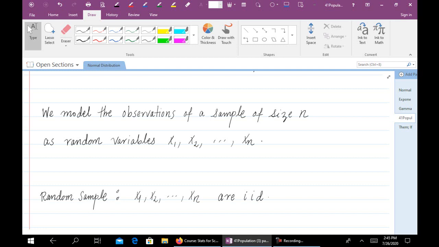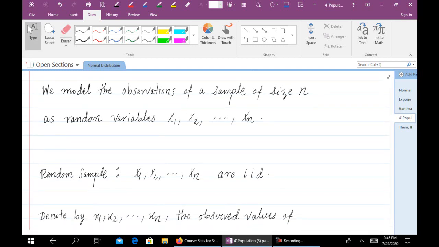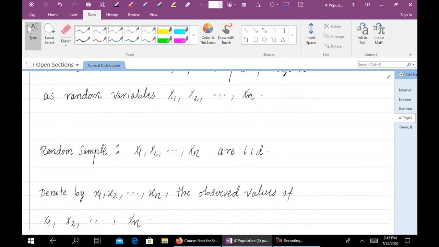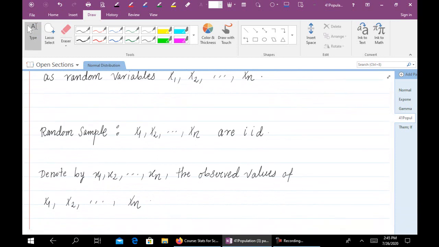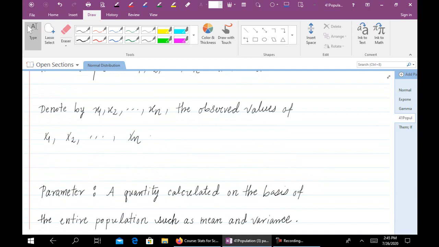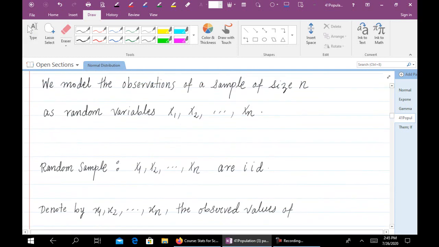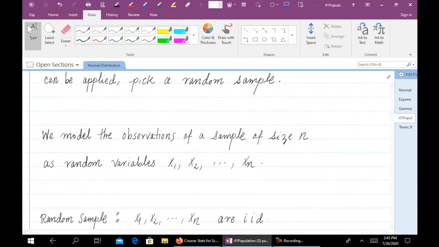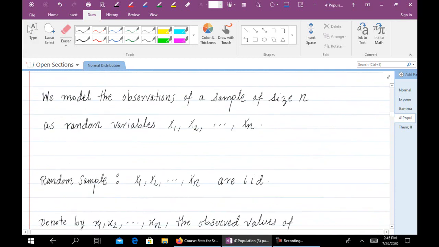That is, they all have the same distribution as a random variable, and they are also independent. And small x1 up to small xn denote the observed values of these variables x1 up to xn. Okay, so that's what a sample is.